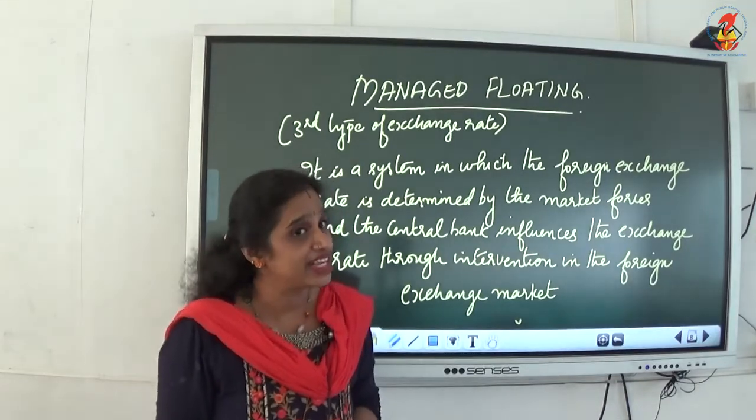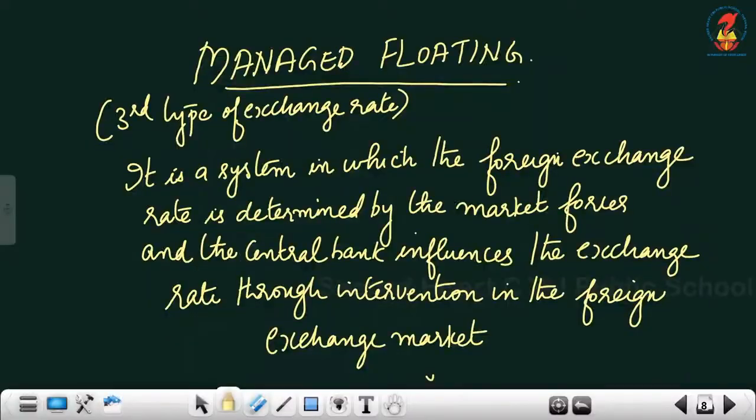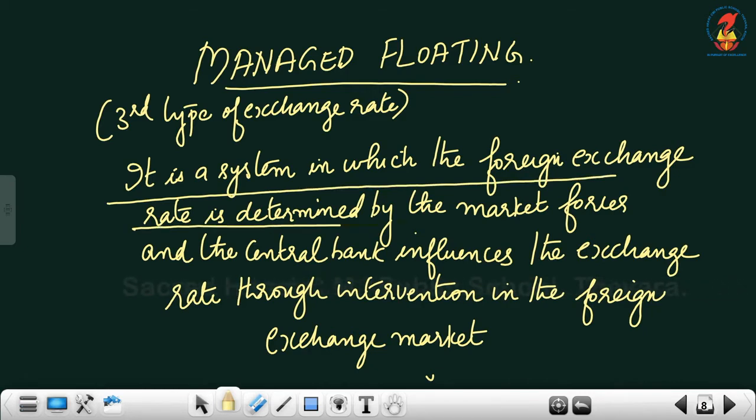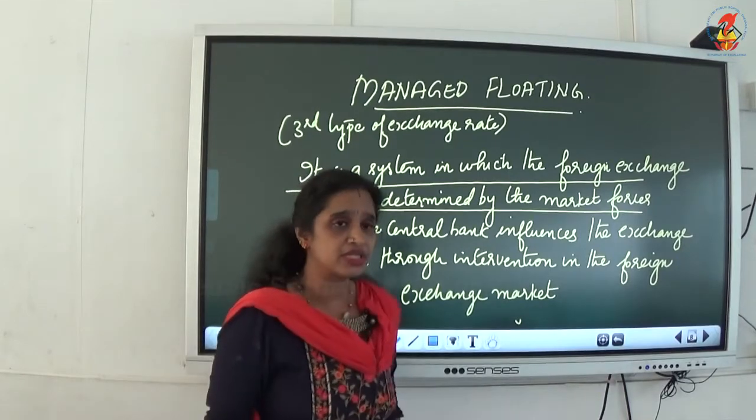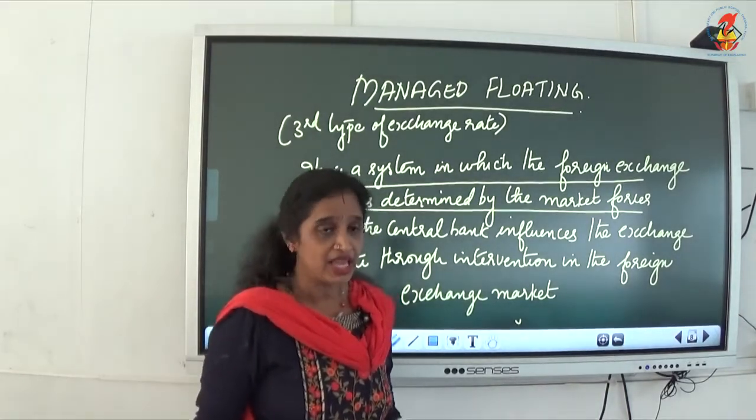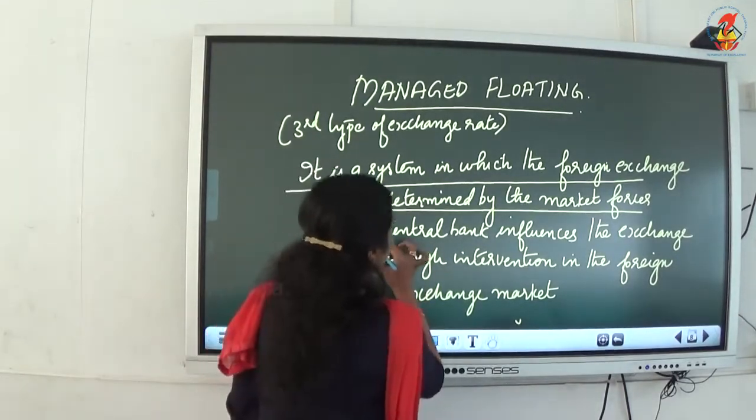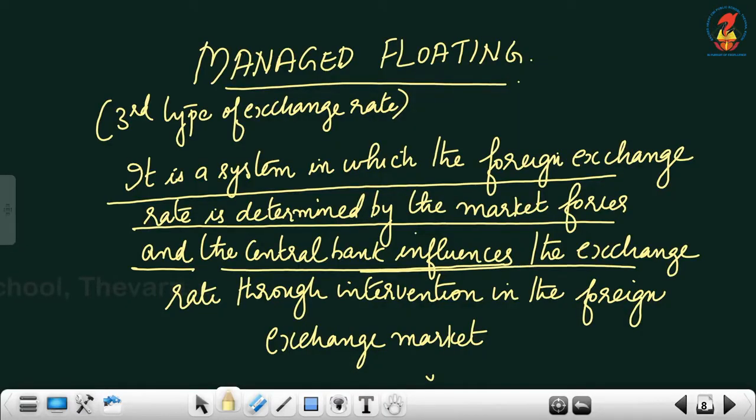Now what is this managed floating? It is a system in which the foreign exchange rate is determined by the market forces. Which are the market forces? Demand and supply, and also the central bank. The central bank influences the exchange rate through intervention in the foreign exchange market.